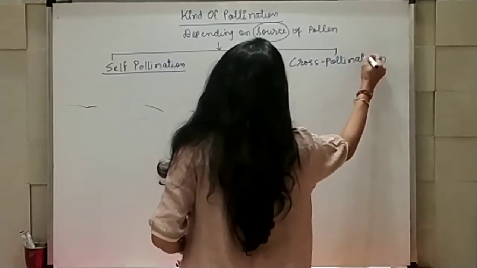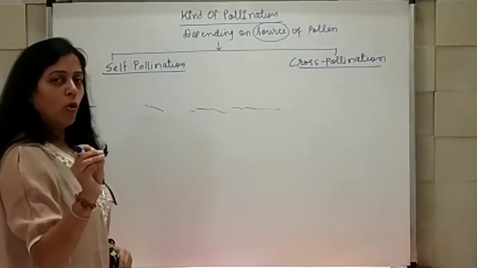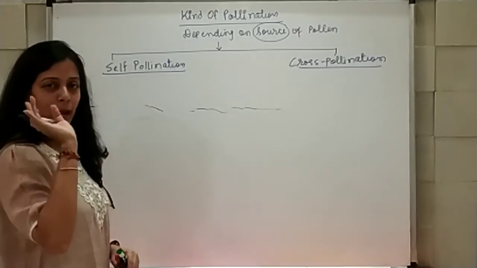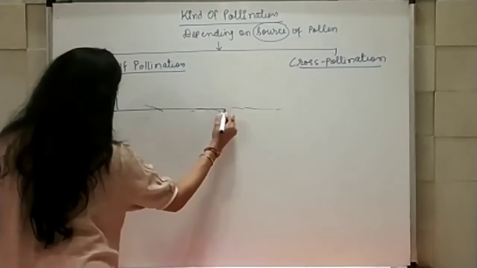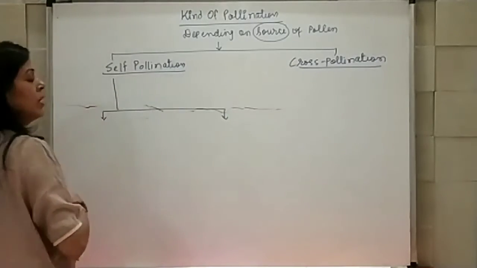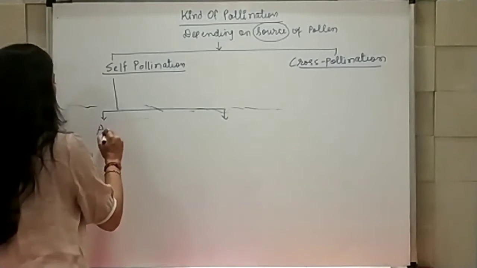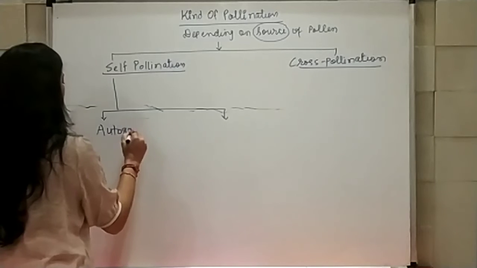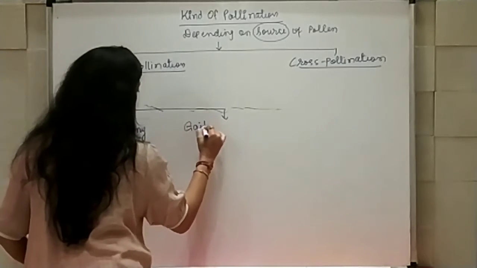Self-pollination means pollen is from the same plant. Right? Now, here again we are going to divide it into two main categories, that is known as autogamy and geitonogamy.